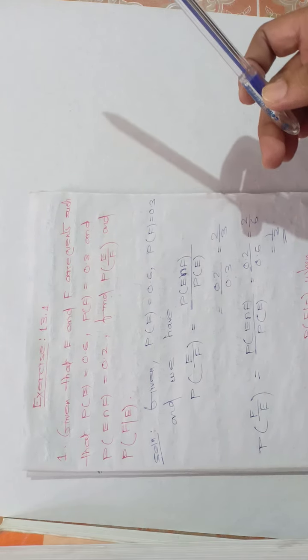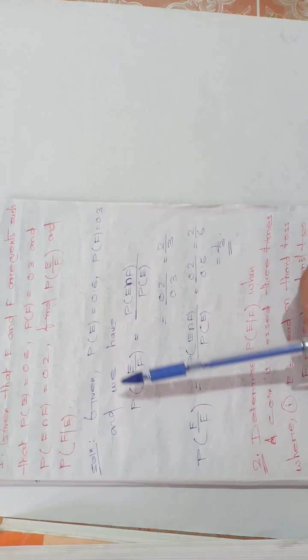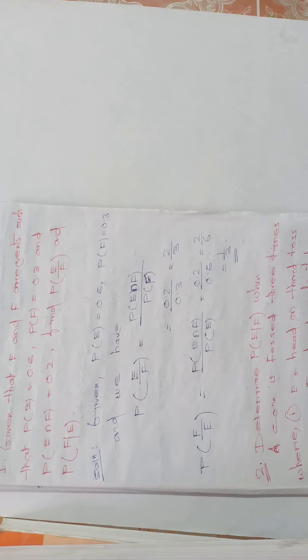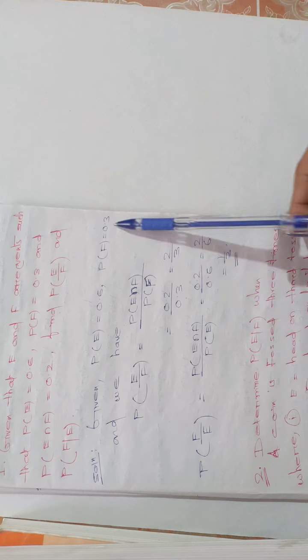So the given probabilities are P(E) and P(F). We know that the formula for P(E/F) is equal to P(E intersection F) by P(F). P(E intersection F) is given as 0.2 and P(F) is given as 0.3.